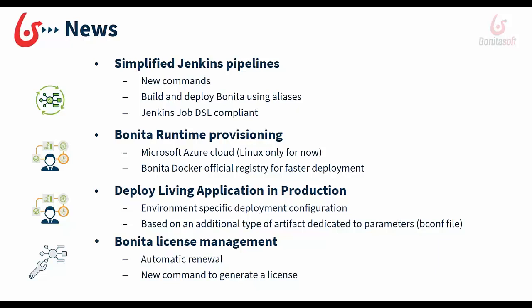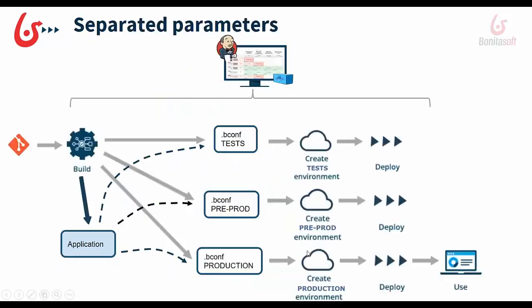What it means is that basically you will not have to manually create a new license and deploy it on your environments, which can be tricky when you have, let's say, multiple productions or multiple qualifications, and you have to change all of them at the same time. And for this, we have a new command, so you will be able to leverage that.